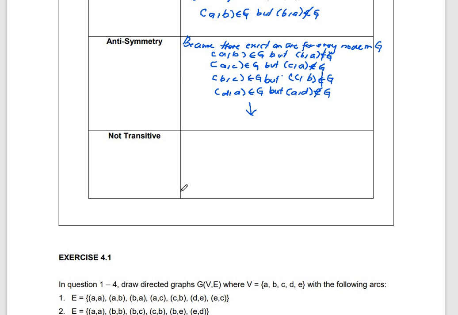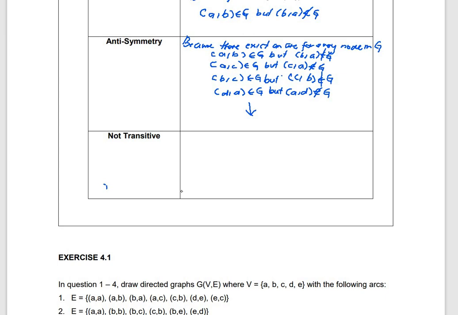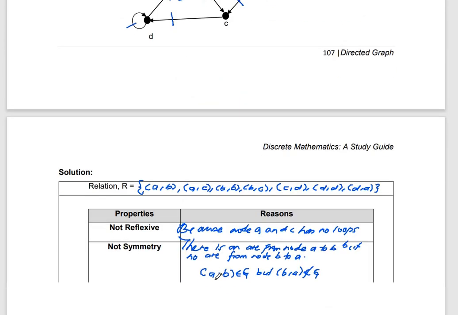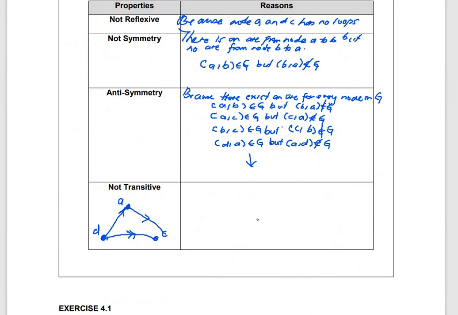You ambil arrow yang ni. Katalah yang ni D. Lepas tu yang ni A. Yang ni C. Okay. Dia punya arc, D kepada A. And A kepada C. Dia sepatutnya D, C. Kan? Tapi dalam graf ni, dia dapat C, D. So, that's why lah dia not transitive.